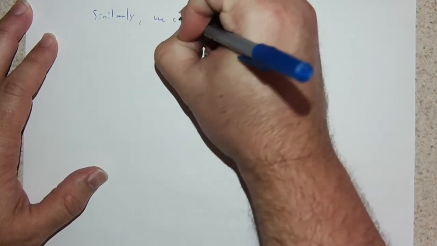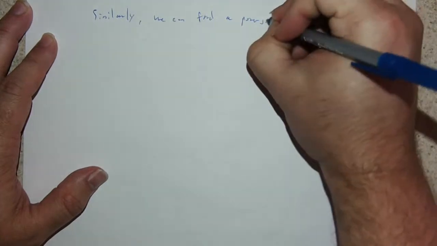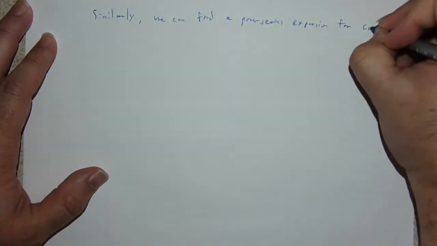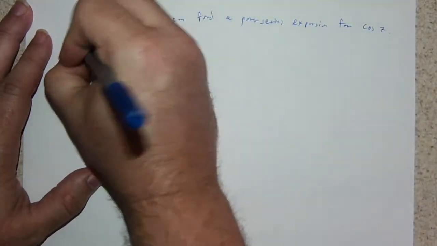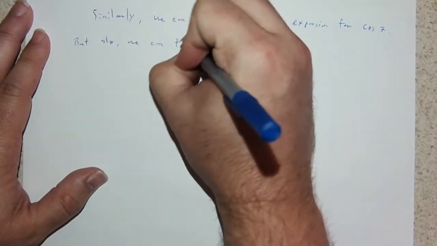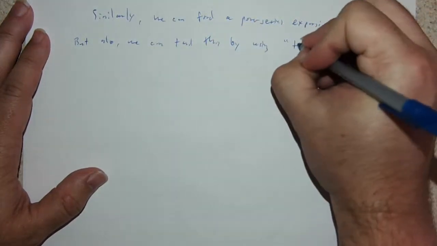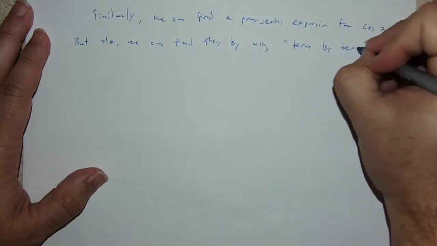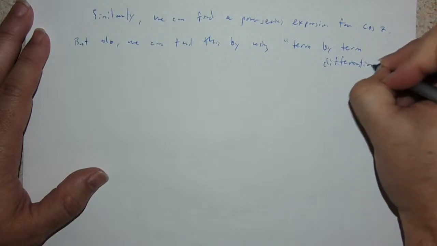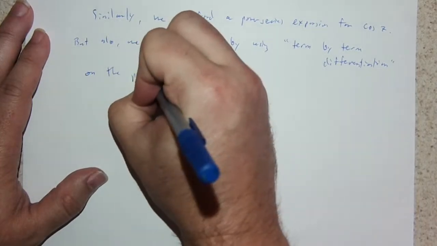We can find a power series expansion for cosine z, but also we can find this by using term-by-term differentiation on the power series for sine z.